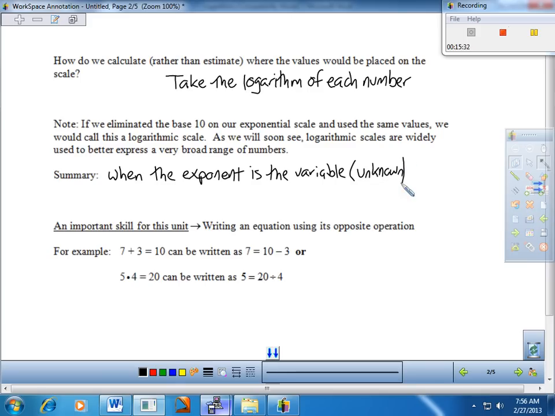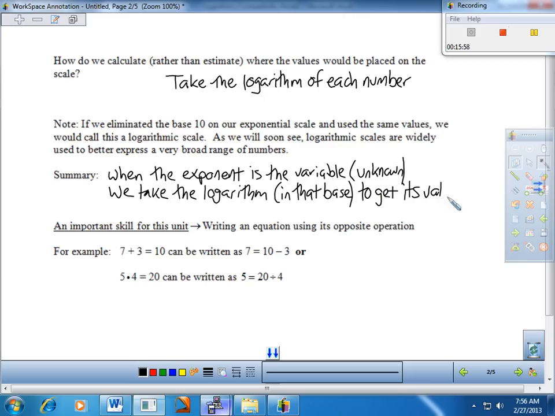So when it was the unknown, we take the logarithm. We'll talk about all different types of bases of logarithms, but for right now, we did what was called a base 10 logarithm to get its value. That's pretty much what we did. I think that summarizes it beautifully. So when the exponent is missing, we need to take a logarithm in order to get its value.